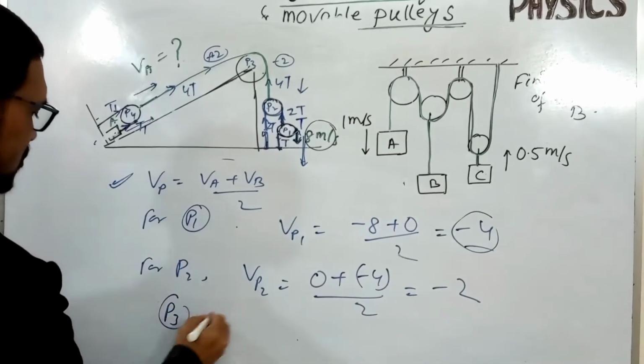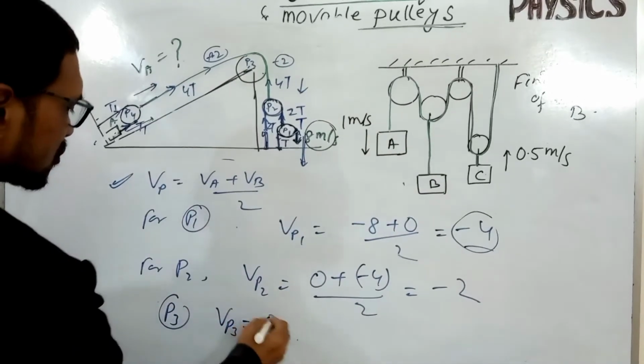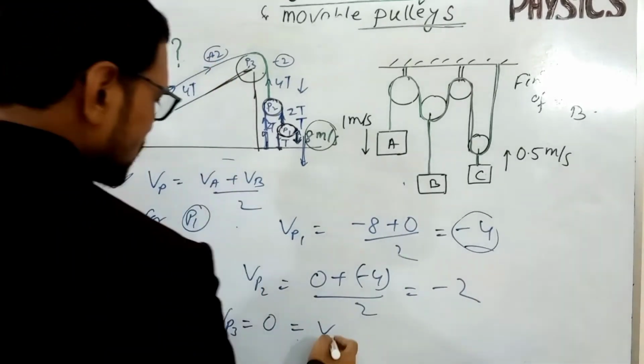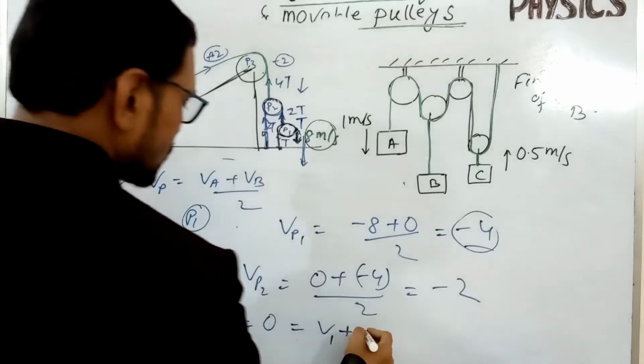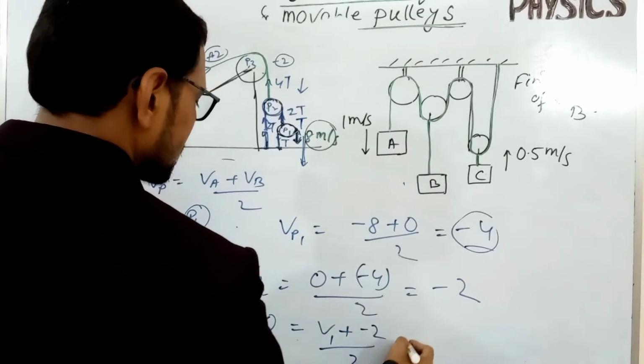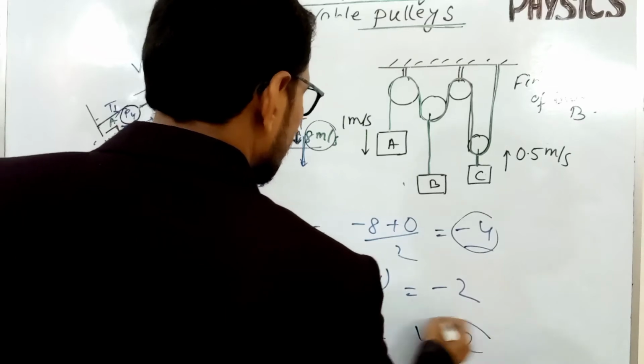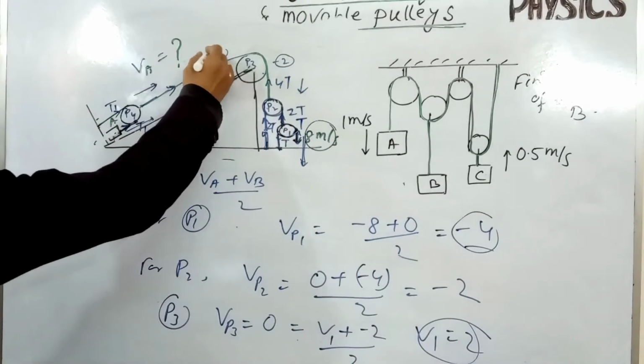For P3, the velocity of the pulley is 0. Suppose we don't know the velocity V1, and this velocity is minus 2, by 2, that is V1 equal to 2. That's why the velocity is positive plus 2.